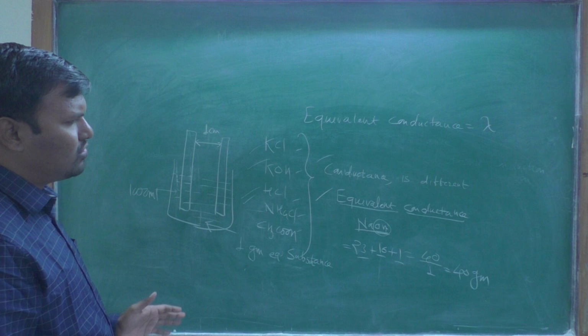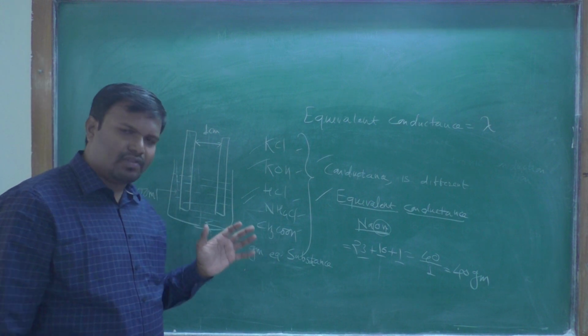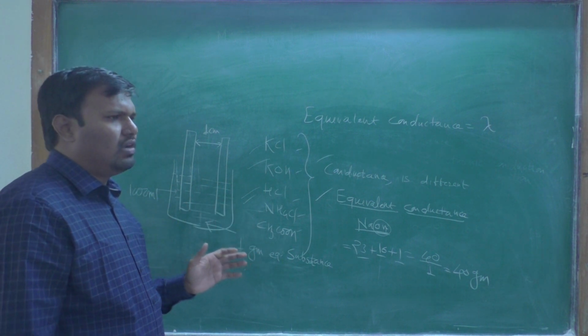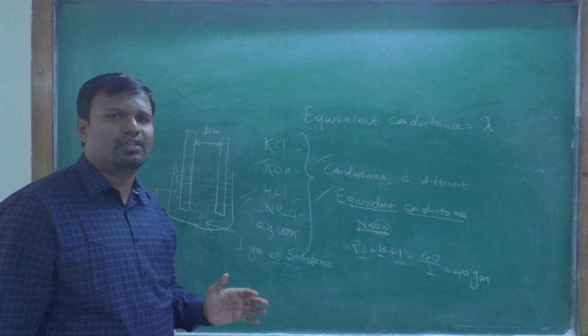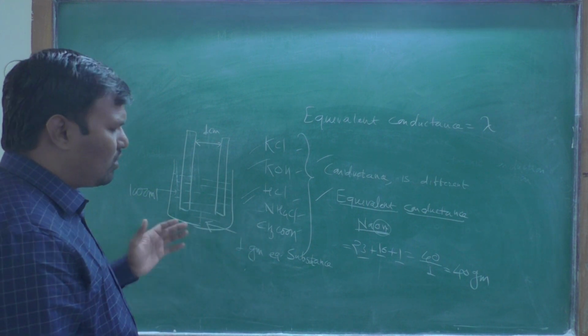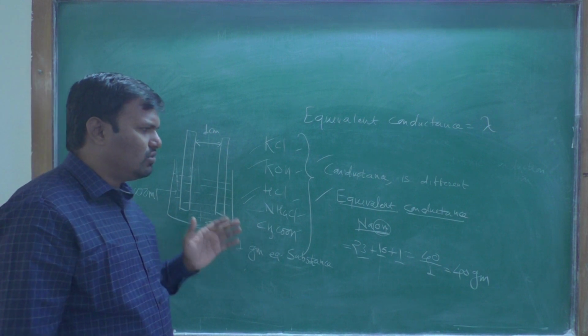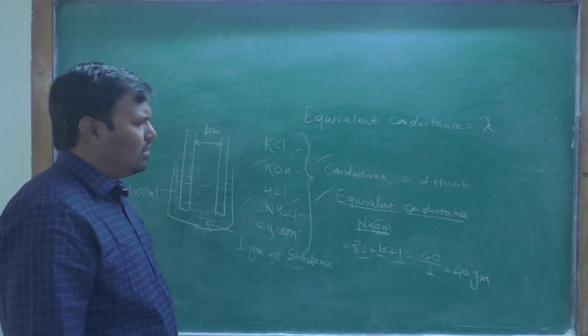The conductance given by 1 gram equivalent substance in a particular volume, mostly 1000 ml of water, is called the equivalent conductance.